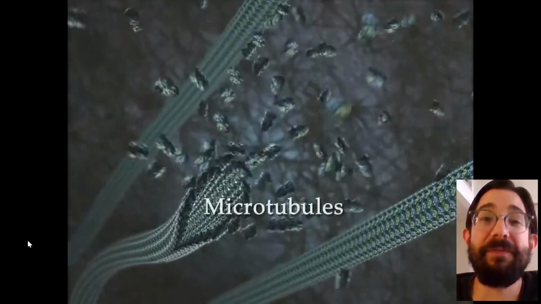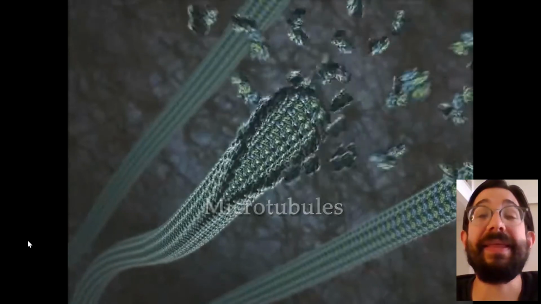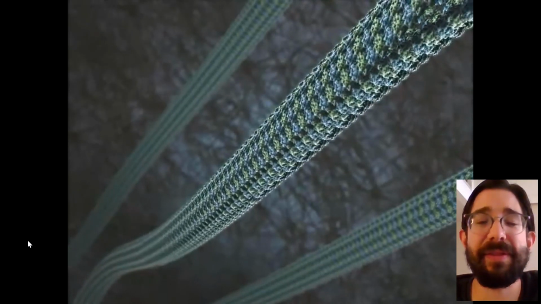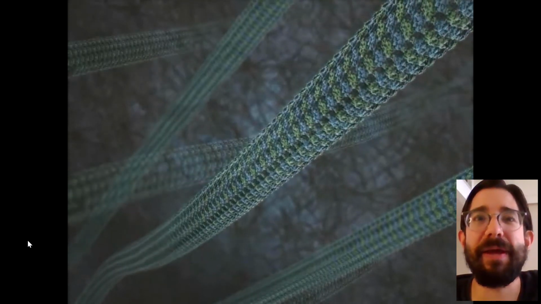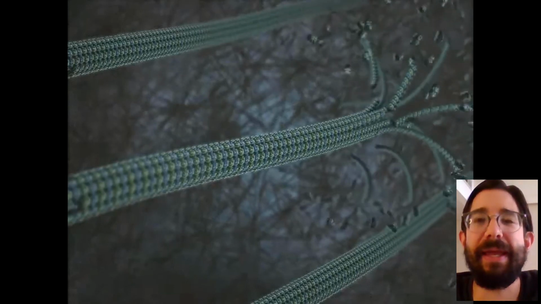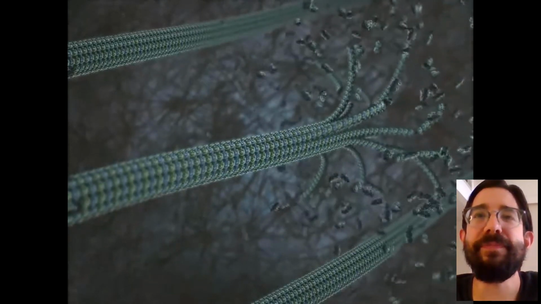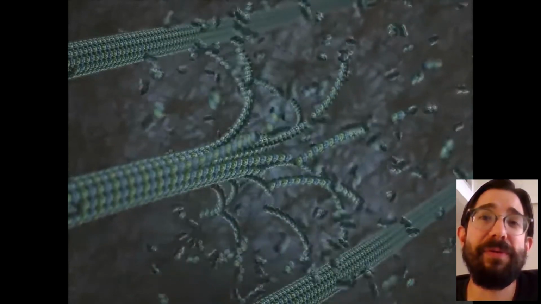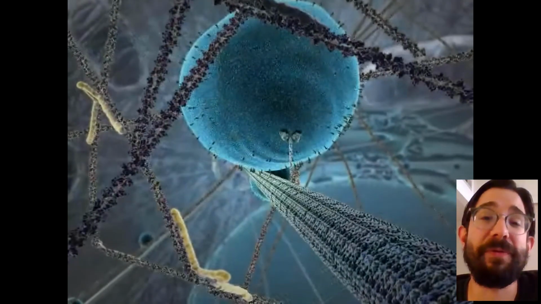In addition to microfilaments, we had intermediate filaments, and then the largest are these microtubules. So you can see they're hollow cylinders, much larger than the microfilaments, and again being built up and being broken down.